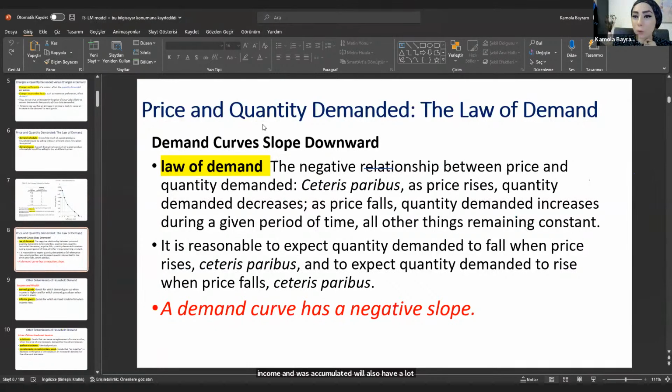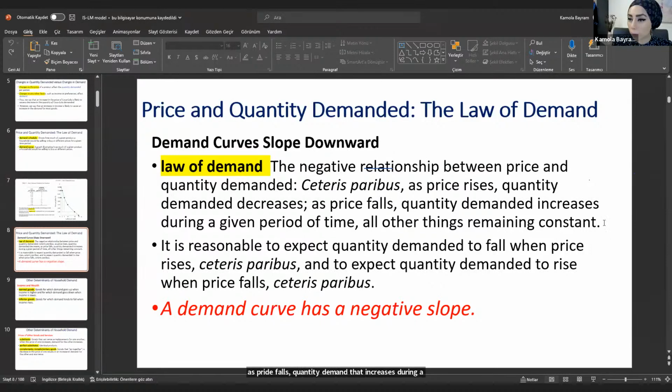Now, price and quantity demanded, the law of demand, continued. The demand curve slopes downwards. The law of demand says that there is a negative relationship between price and quantity demanded, ceteris paribus. As price rises, quantity demanded decreases. As price falls, quantity demanded increases, during a given period of time, all other things remaining constant.